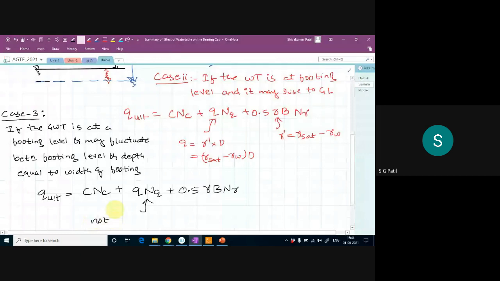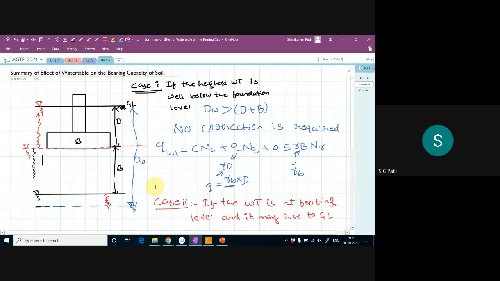This term is not going to change. No change at all for this term, because the second term is contributed by the soil present above the footing. Your water table is fluctuating below this region, so this soil is not at all affected by the fluctuation of the water table. You have to take it as it is, so there is no need to apply any changes here.